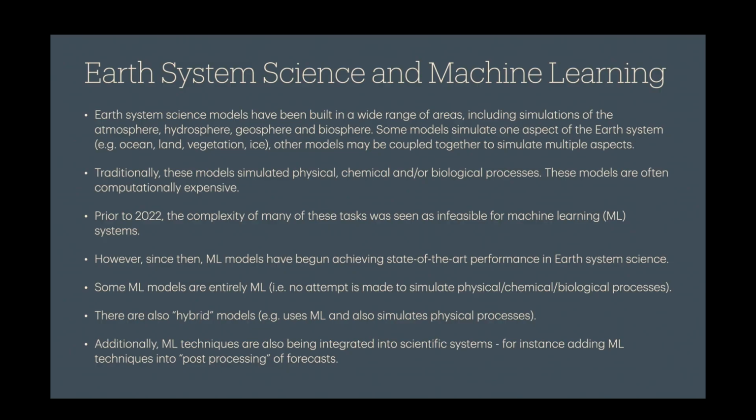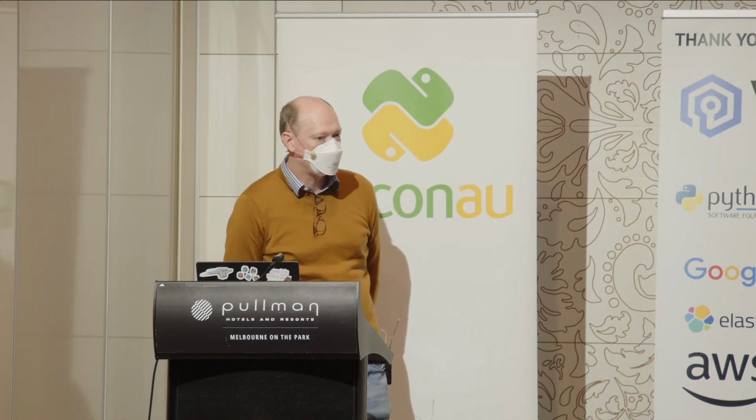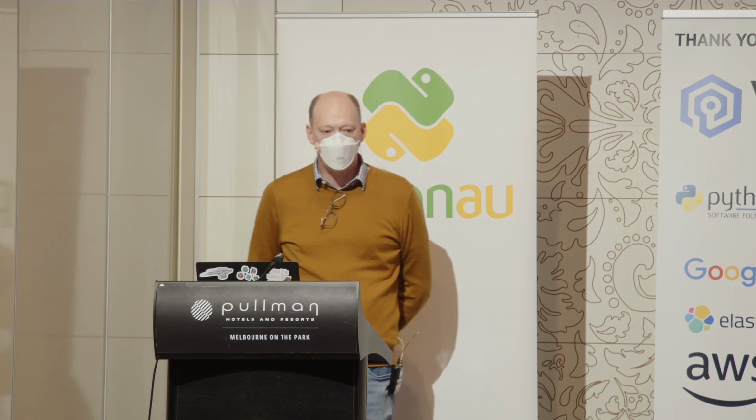So prior to 2022, the general understanding is that the complexity of that task would have greatly exceeded any feasible machine learning approach for modelling the entire system anyway. However, since then, machine learning models have come out and proved themselves very competent at the entire task. There's still a scope to what they can do, but there's really a change in the state of the field.